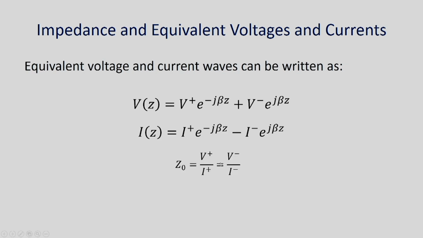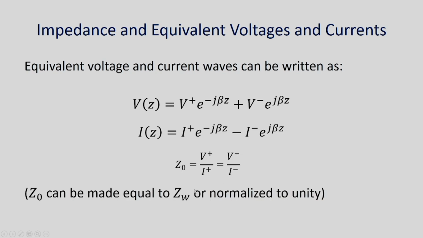And we define the characteristic impedance Z0 to be equal to V plus by I plus or V minus by I minus, and as we have said, Z0 can be made equal to ZW, the wave impedance of the waveguide mode, or it is normalized to unity.